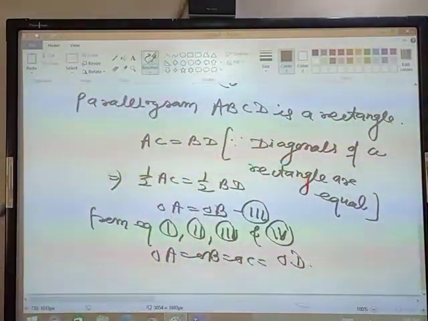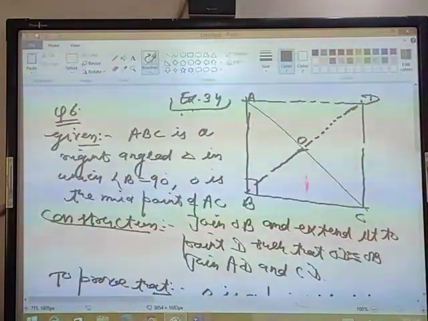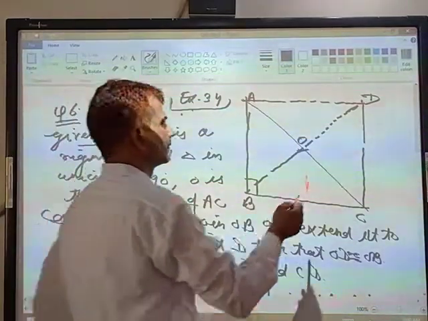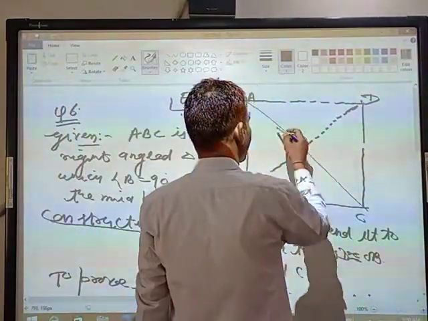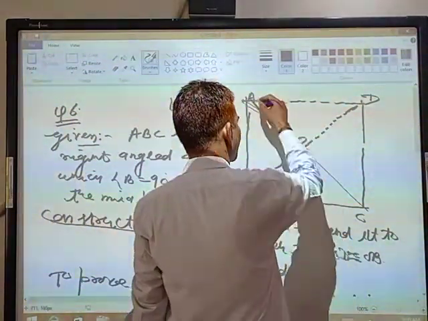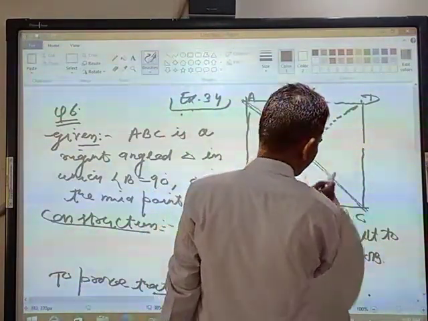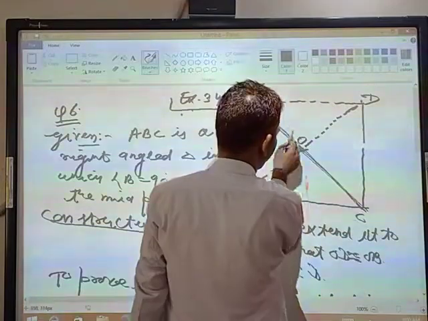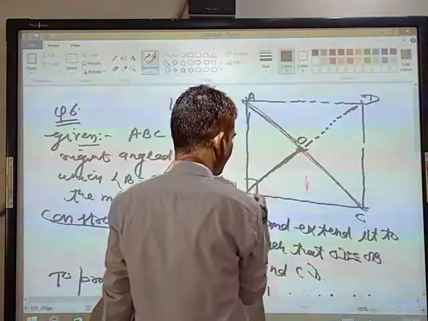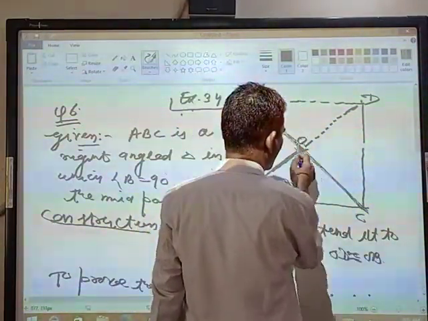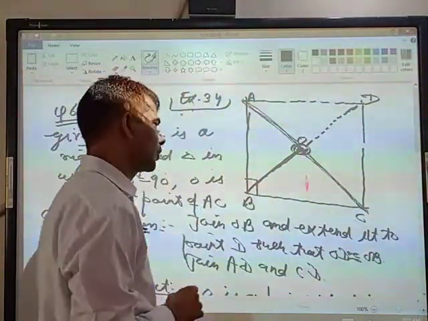It means point O is equidistant from point A, point B and point C. Point A, B और C से इक्वल डिस्टेंस के ऊपर है, क्या है? पॉइंट O. Any doubt? Any problems?